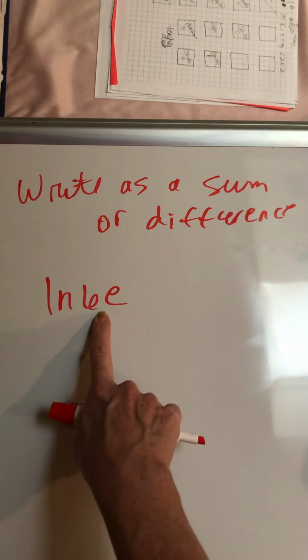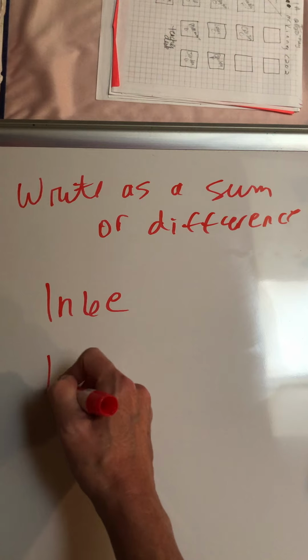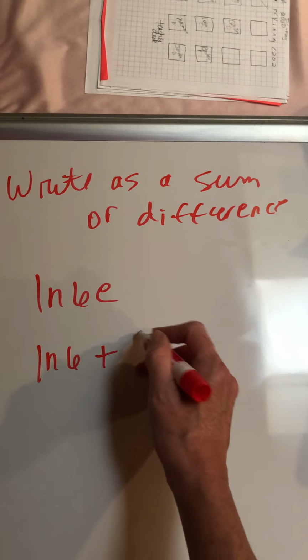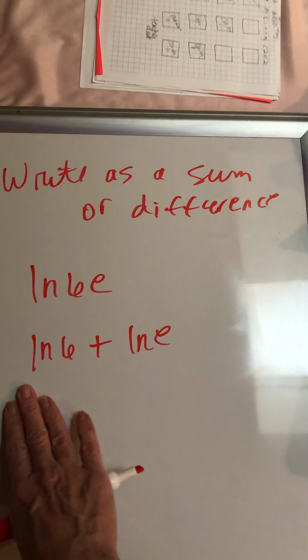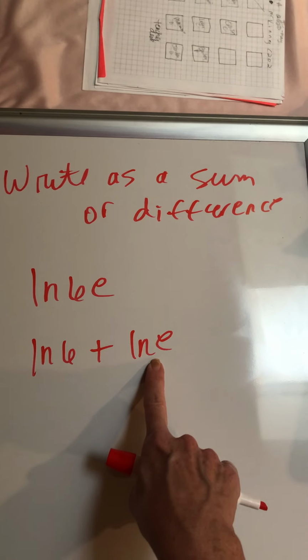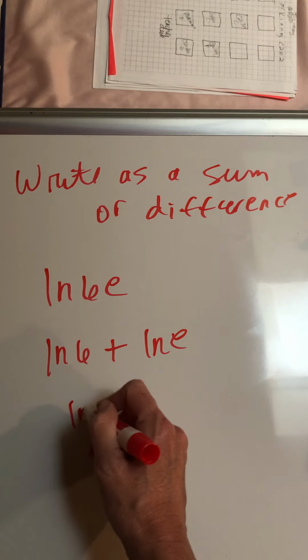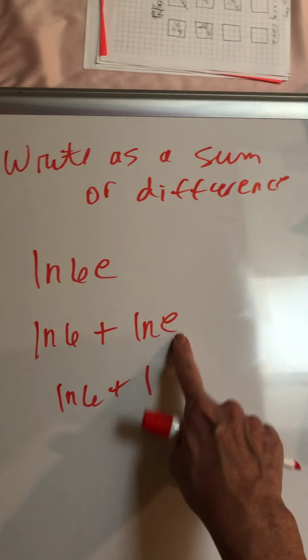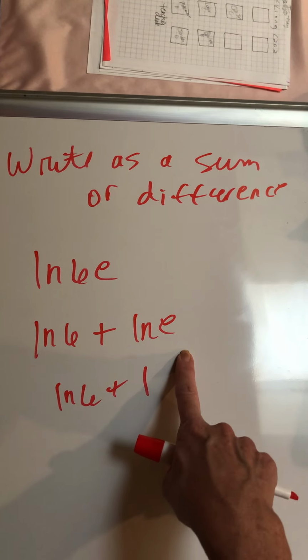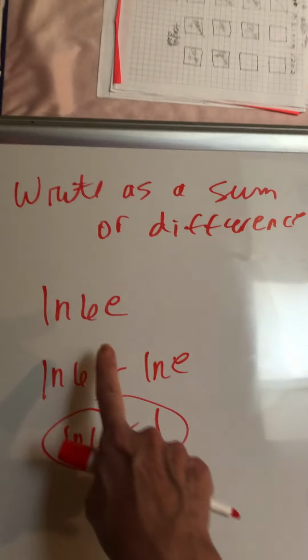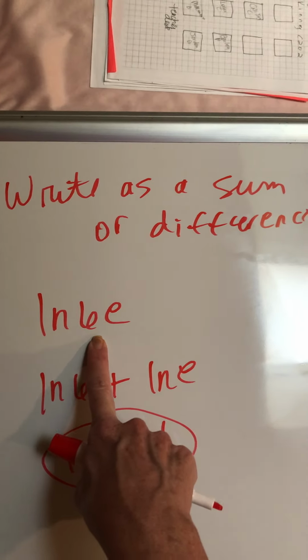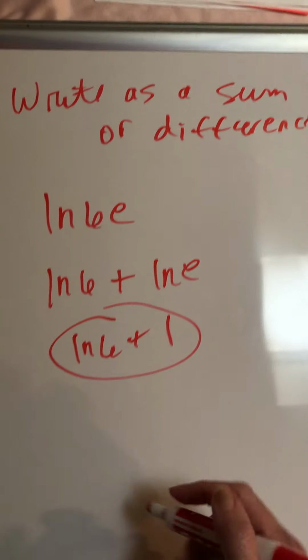Since this is multiplication, you're going to break it up into ln 6 plus ln e. And then reduce anything you can. For example, ln e is 1. So ln 6 plus 1. We've talked about ln e being 1 before. So this is what you would be left with. You're going to start with something small and end with something big.